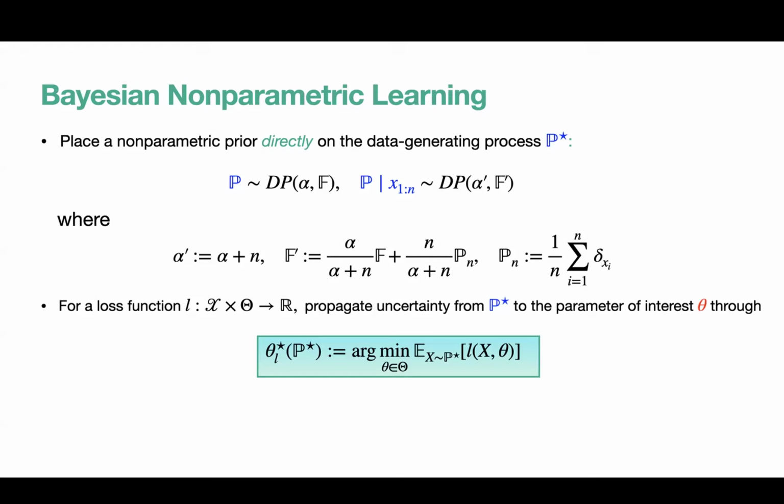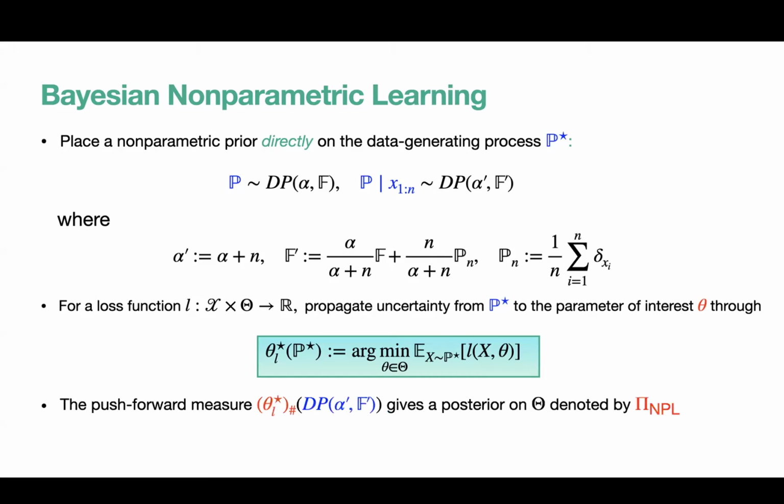But because I don't know P star, I have this uncertainty which will propagate via this functional. Because I have a whole posterior distribution over P star, I can use the push forward measure of this functional given my posterior on P star to get a posterior on theta, which we denote by pi MPL here.